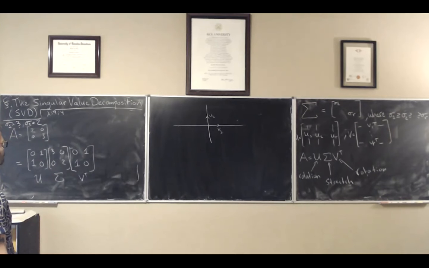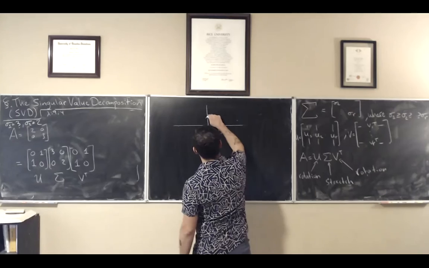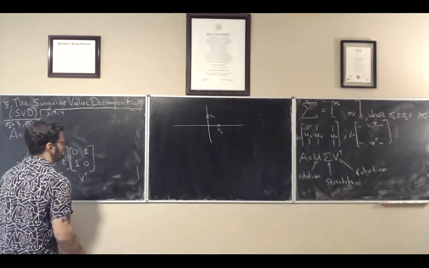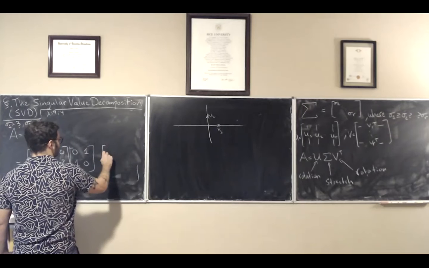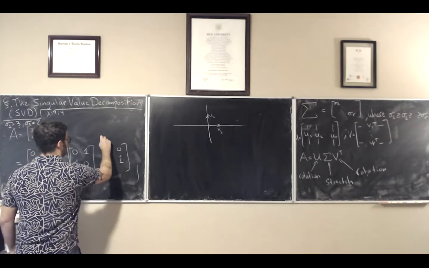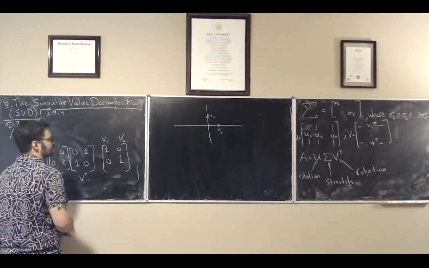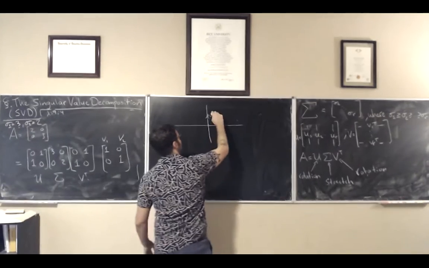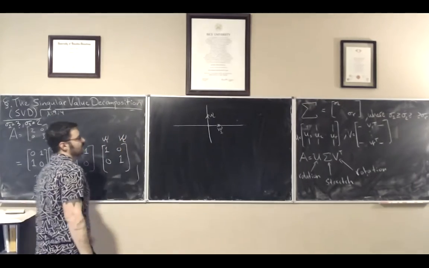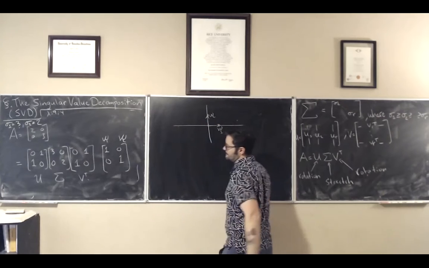So what happens when we multiply these unit vectors by V transpose first, right? So 1, 0, 0, 1. That's V, so that's V1, V2. Actually, I shouldn't use V. W, so you don't get confused. W1, W2. They're just the unit vectors 1, 0, 0, 1.